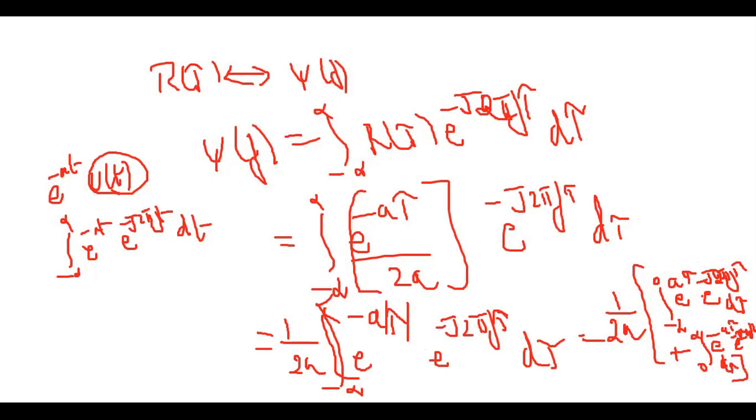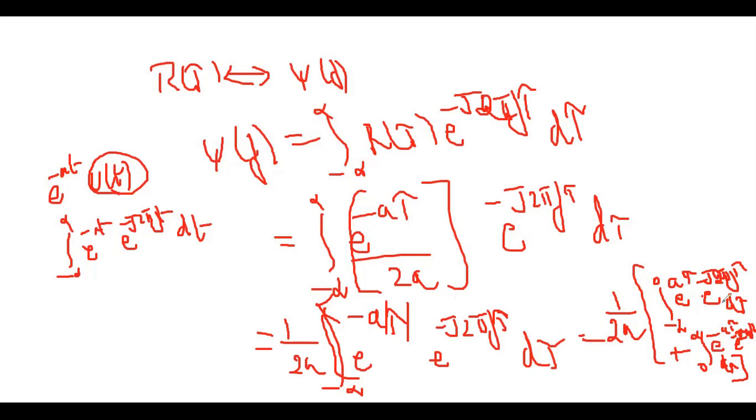Now the Fourier transformation of e power a tau and of e power minus a tau: minus infinity to 0 is one value, and 0 to infinity is another value.